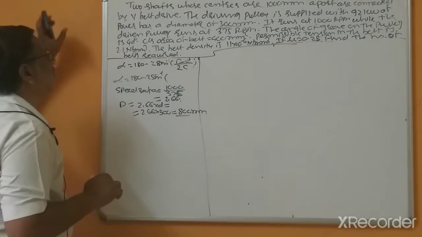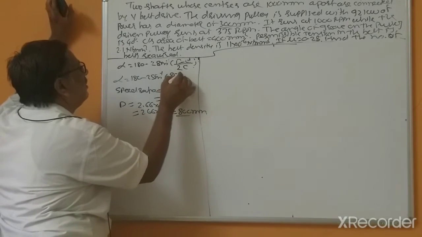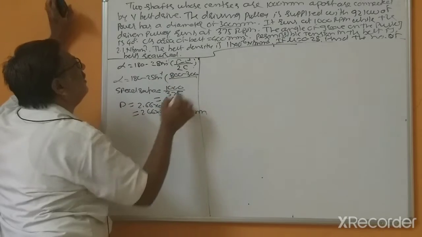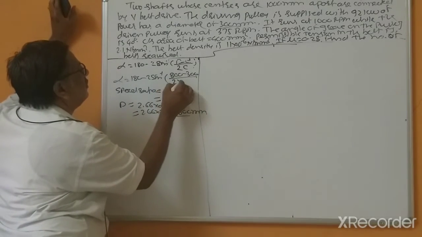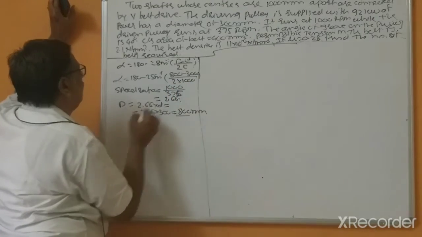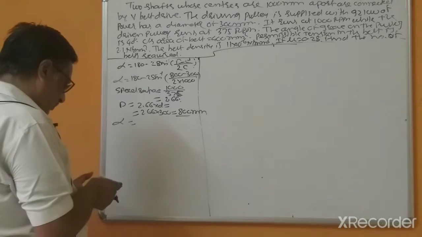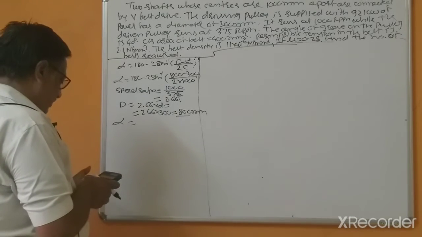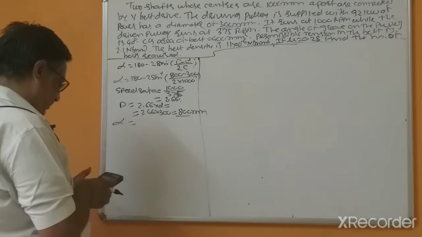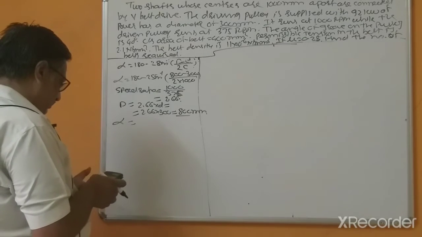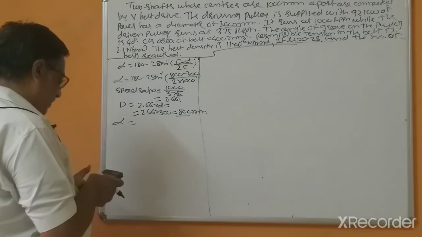Alright. So that's why 800 minus 300, divided by 2 into 1000, alpha equal to 180 minus 2 times inverse sine of 500 divided by 2000.